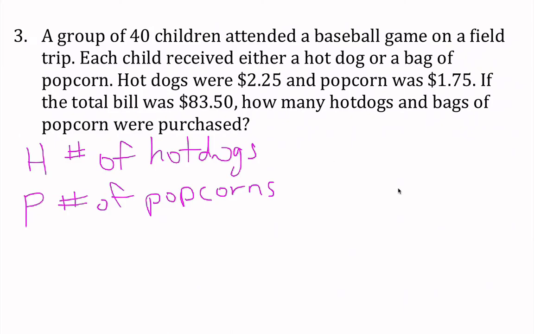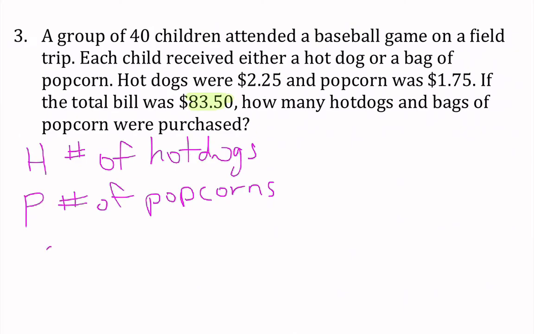Okay, this one is a little bit different because we don't have two total amounts of money. I have one total amount of money, which is right here. So let's go ahead and write the equation for that. I know we're spending money on hot dogs and we are spending money on popcorn. They do not cost the same though. So let's talk about how much each hot dog cost. Well, I know each hot dog costs $2.25.